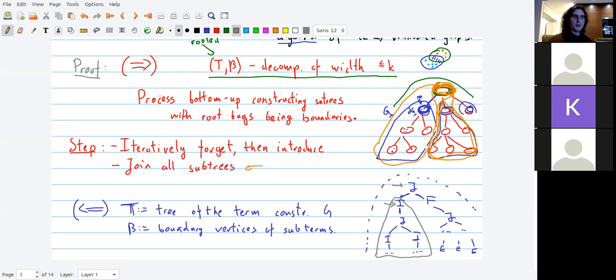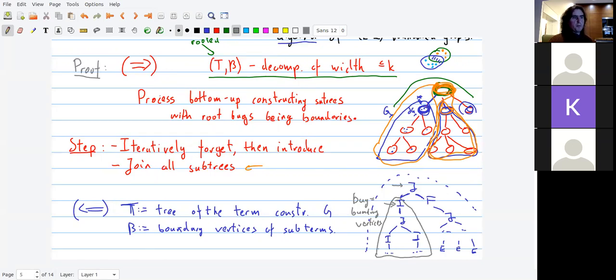This subgraph has some boundary vertices, and with this node I associate the bag being the boundary vertices at this point. Then you can easily check that if you define the bag function in this way, it satisfies all the requirements. When you look at a particular vertex of the graph, it lives in a connected subtree of the bags.